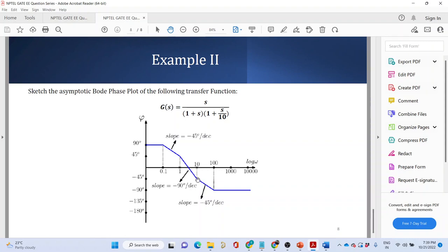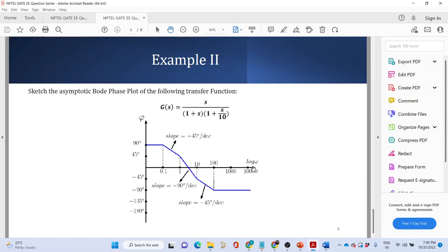It becomes constant. So the effect of the other pole still remains because it will last up till 100. So this slope becomes minus 45 degree per decade. And when we move away from s equal to 100, it remains constant at minus 90 degree. So this is the basic idea behind this Bode asymptotic phase plot.